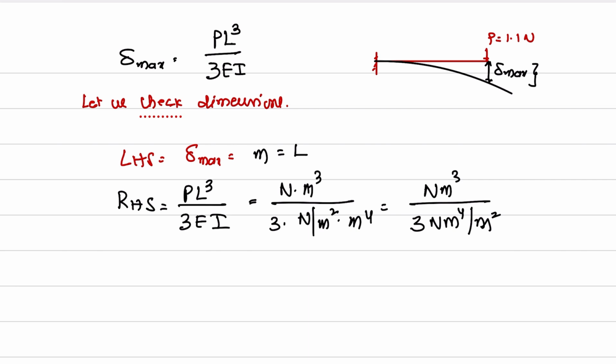Meter square and meter to the power of 4, when you cancel out, what happens? This meter square will be there. That implies RHS is equal to newton meter cube divided by 3 newton meter square. Newton gets cancelled. Meter cube by meter square is equal to meter. 3 does not have any value in the dimensions, that's a constant. So the dimension is meter, that is equal to length.